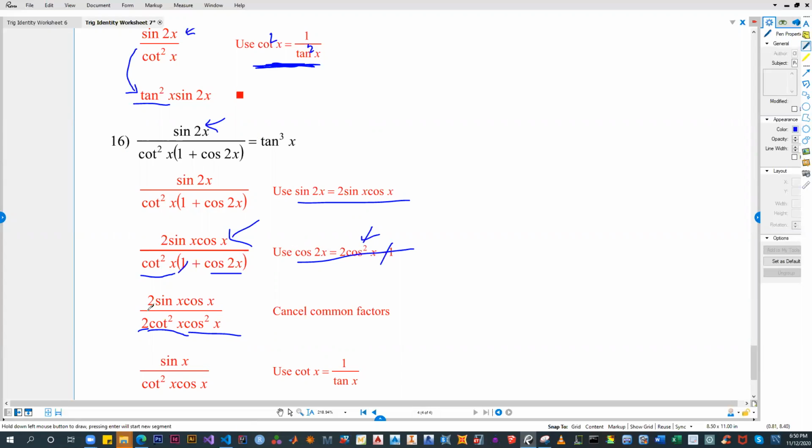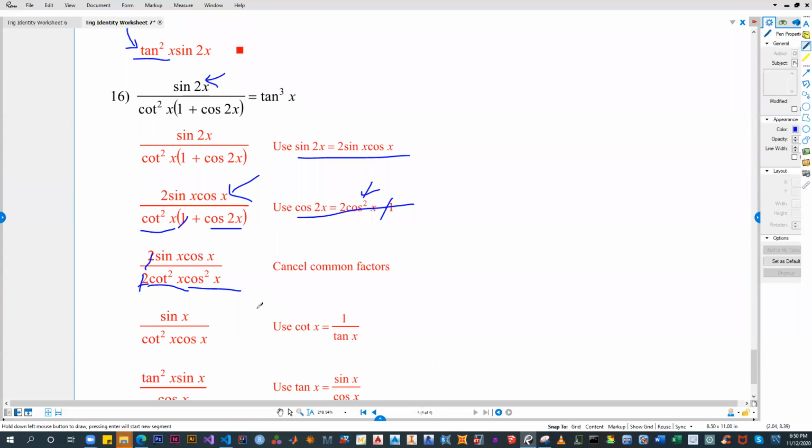So just cancel the 2 first. And let's see if we can do any of the reciprocal ones. The reciprocal ones are good to just know. Cotangent squared x, because you need a tangent, and it's cubed though. Okay, I see it already. So the cotangent squared x becomes tangent squared, right?